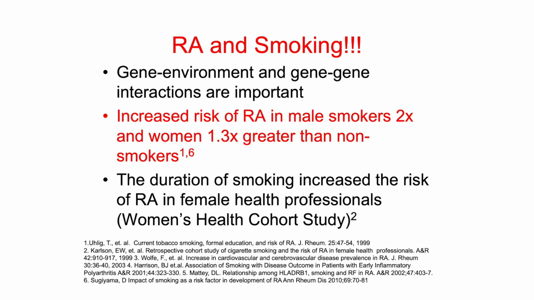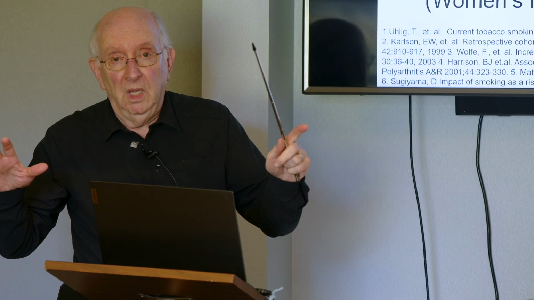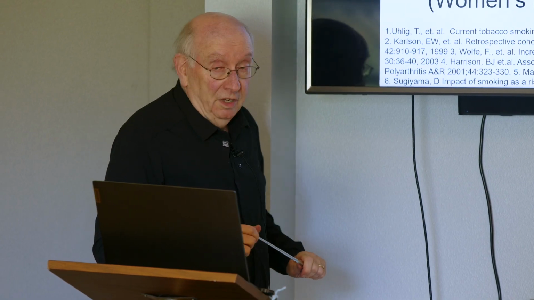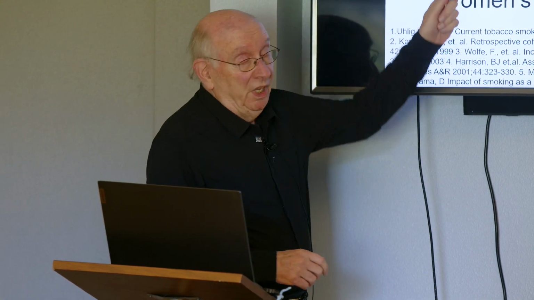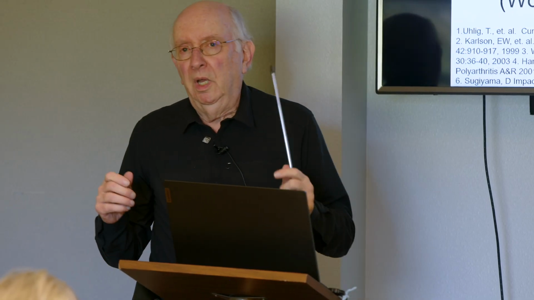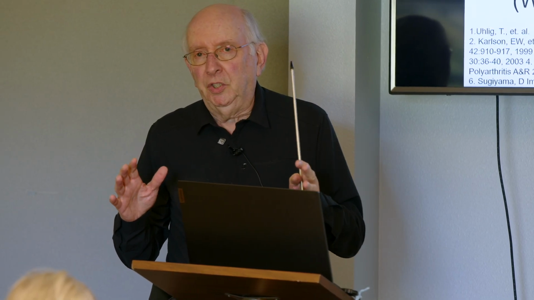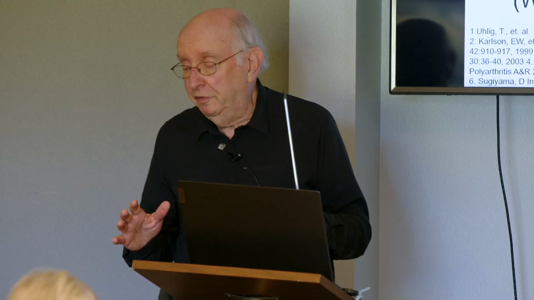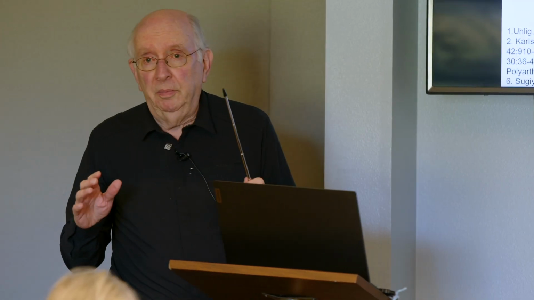So how does this come about? There are interactions between genes that you inherit from your parents. And if you have those genes and you're not smart enough to avoid smoking, you can get into trouble. So we know that smoking can actually induce rheumatoid arthritis. In fact, the risk is similar to the risk that you get from smoking and getting lung cancer.